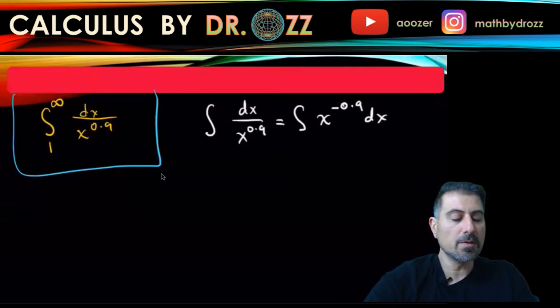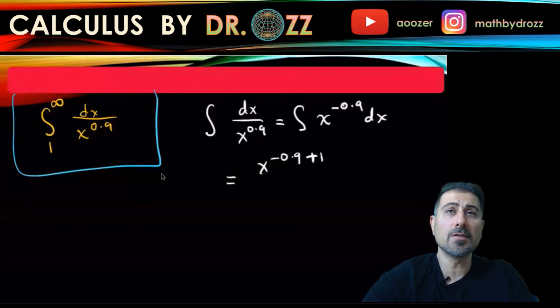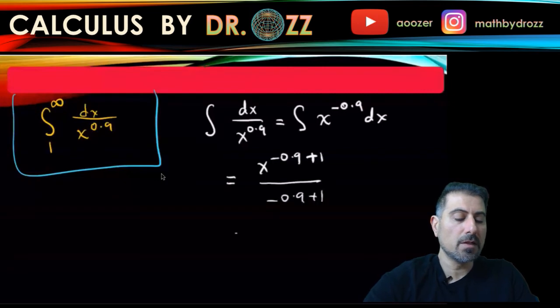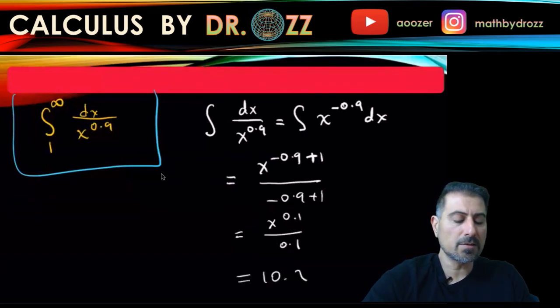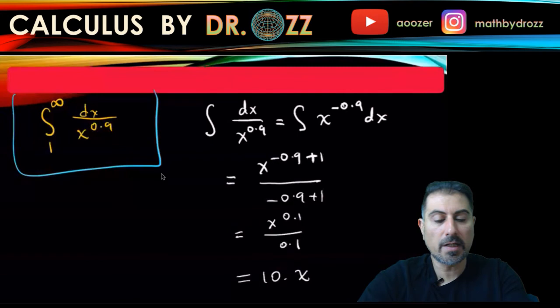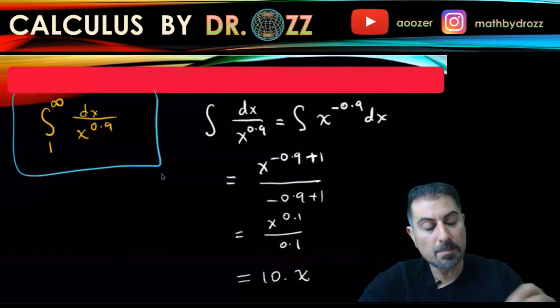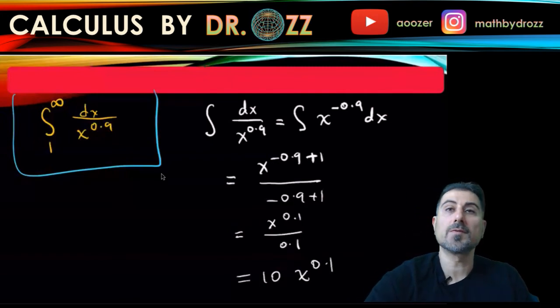So x to the power of minus 0.9 plus 1, we add 1 to the exponent and divide by the new exponent. And that is x to the power of 0.1 divided by 0.1. Okay. 0.1 is 1 over 10, right? So if you flip that over, it's 10 times x to the power of 0.1.